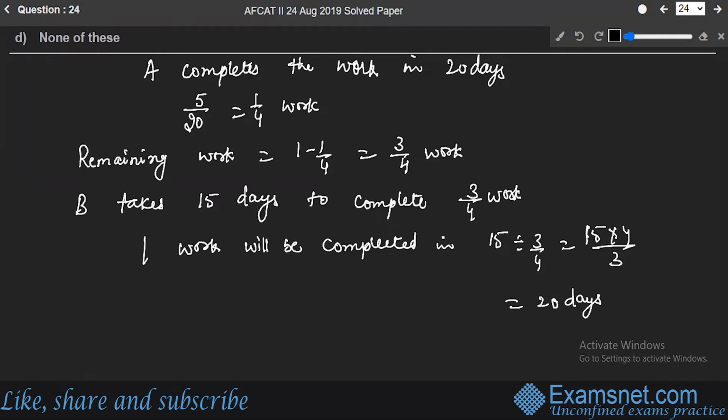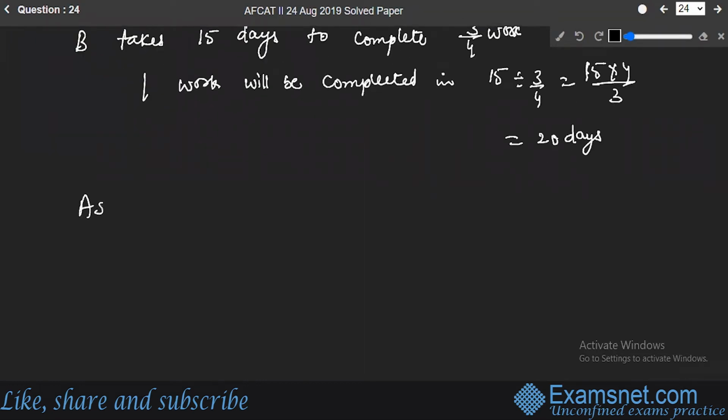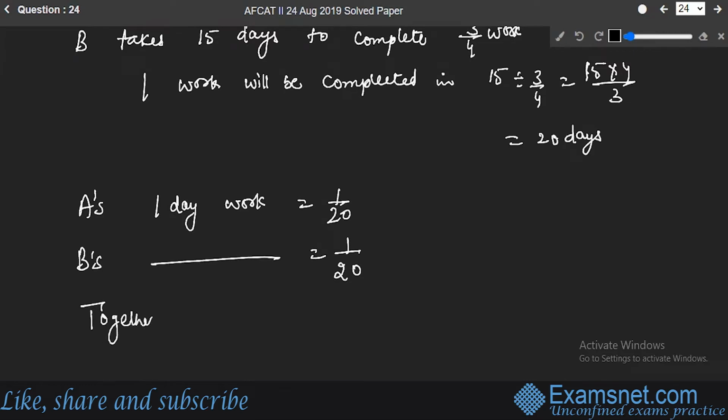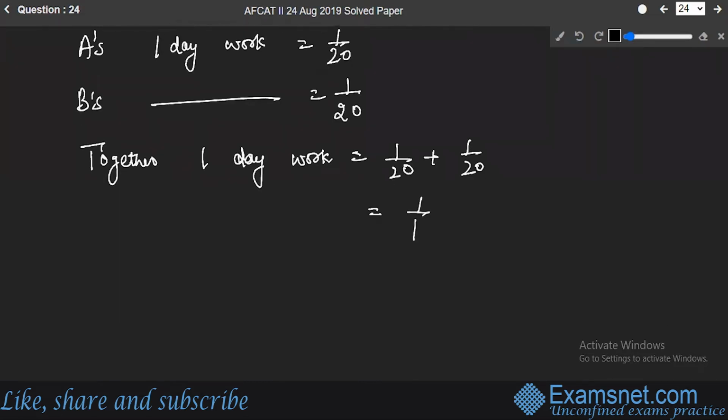So if both A and B work together, A's 1 day work was 1 upon 20 and B's 1 day work was again 1 by 20. Right. So together 1 day work of A and B will be 1 by 20 plus 1 by 20. So this will be 2 upon 20, or this will be 1 upon 10, right?